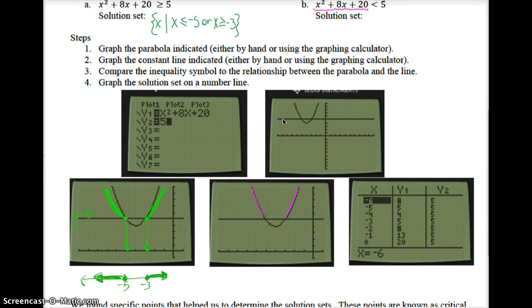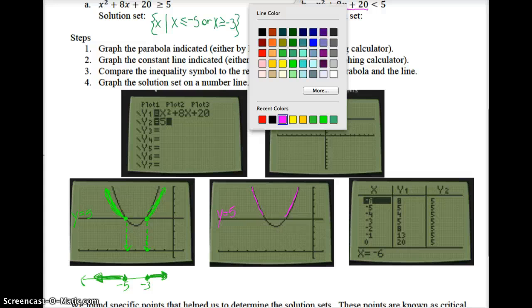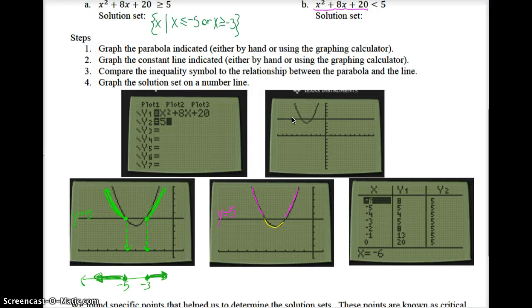And on the right-hand side, we again have this y equals 5 line. This time what we're looking for is values of the parabola that are less than 5, and I'm just going to highlight that in yellow so we can see it. Any number below the y equals 5 line is going to be less than. So we're talking about all of these numbers here.